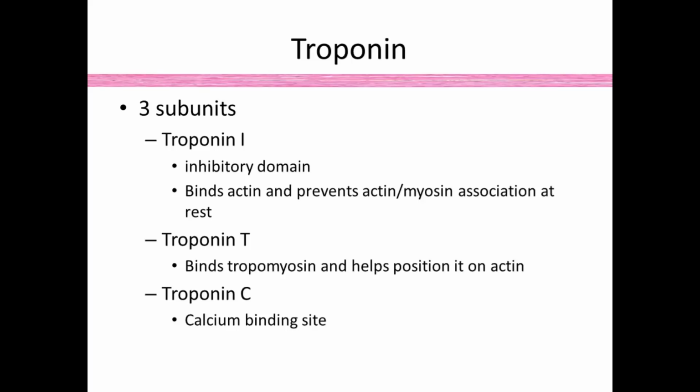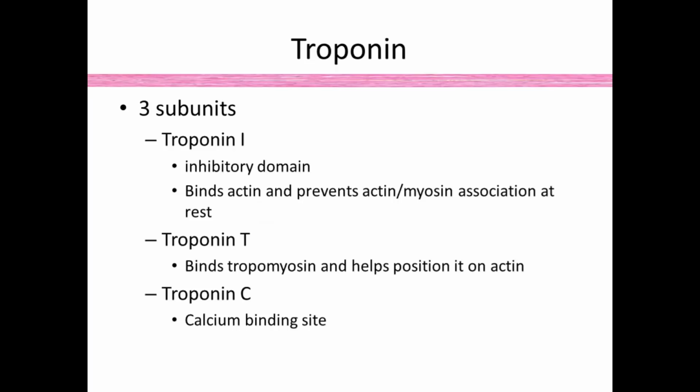Okay. So we have one more protein within this kind of mess for now. This last protein is called troponin. It sits on top and interacts with a few different structures. That's why it has three subunits. We have troponin I, which attaches to the actin, where it's sitting on top of those bubbles.